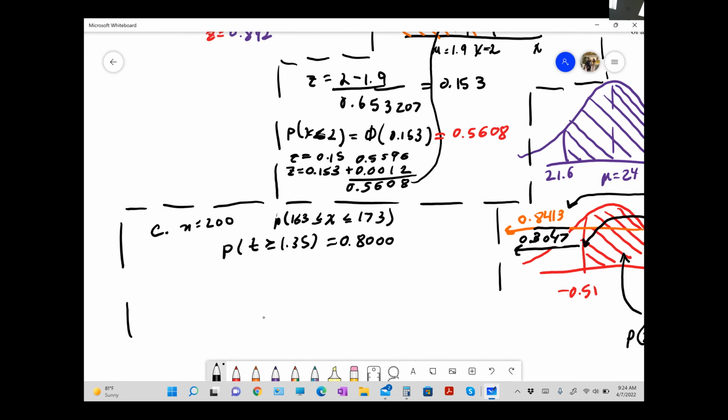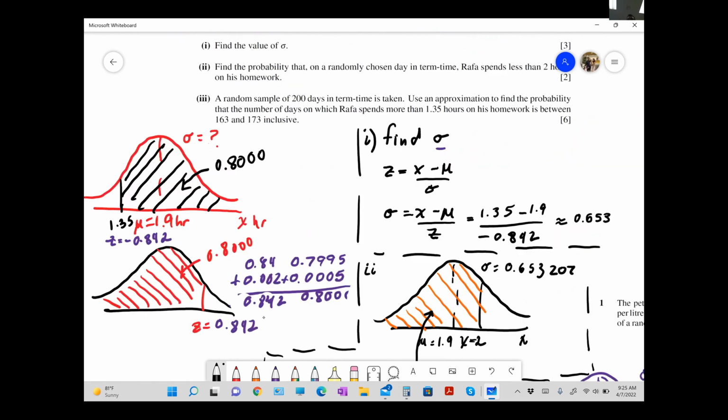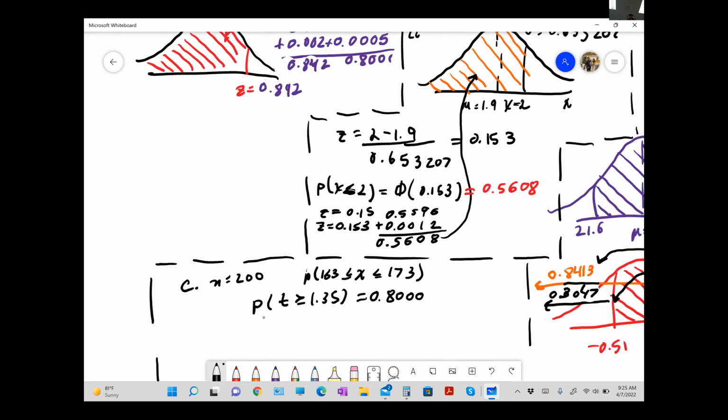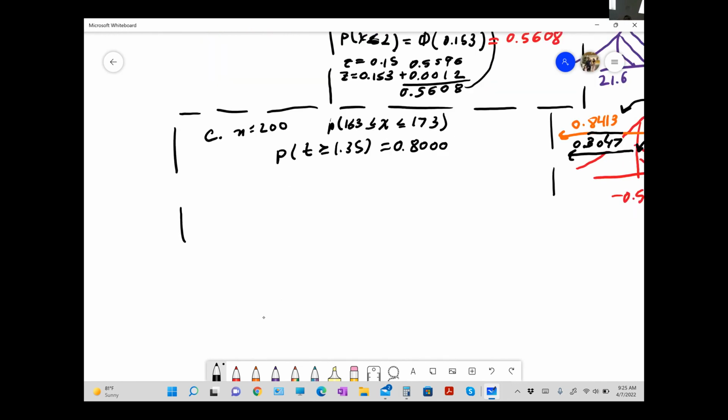Do we agree? Now we've switched from hours to days, right? In other words, we want to know the probability of the number of days he spends studying more than 1.35 hours being between 163 and 173. That's what we want to do.